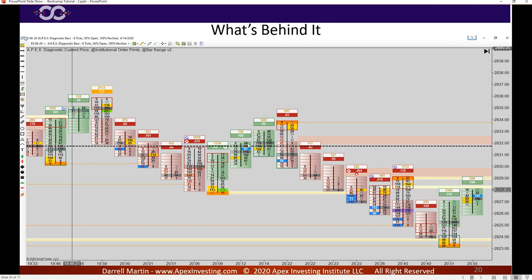Basically on the bar, at every price level, it's showing us the number of orders that were executed. The left side of the bar is the sell orders. The right side of the bar is the buy orders. For example, at this price level right here, there were 58 orders that were sold, 24 that were bought.